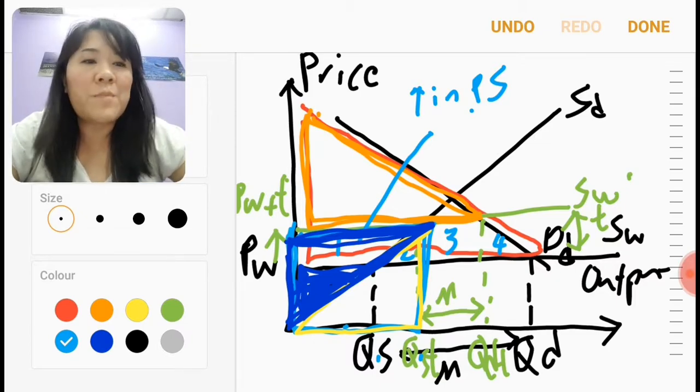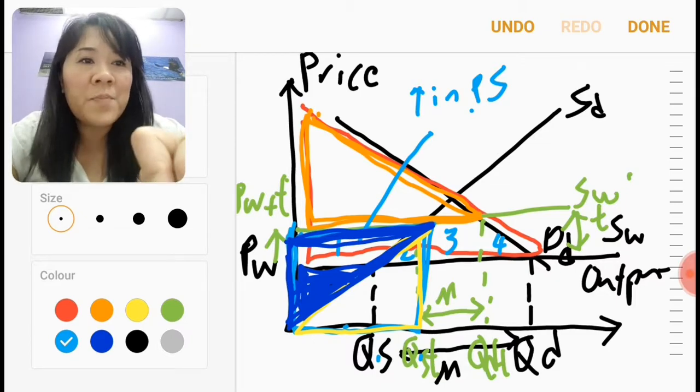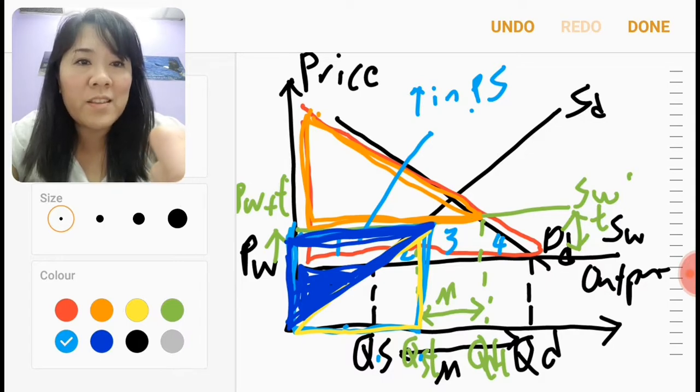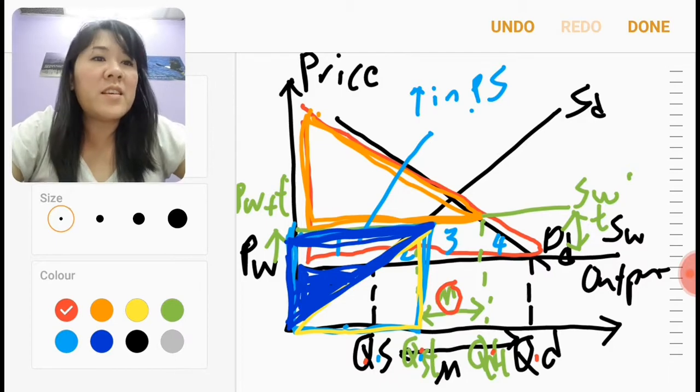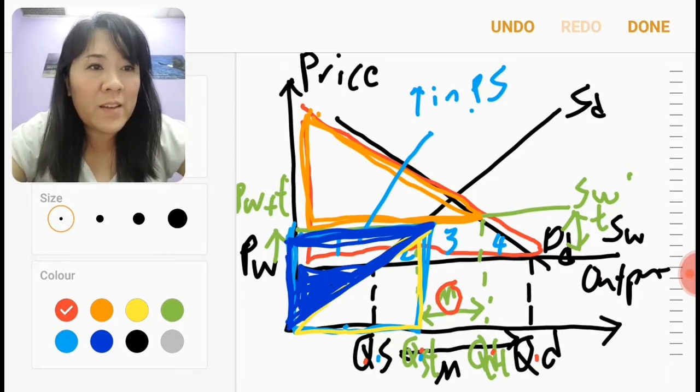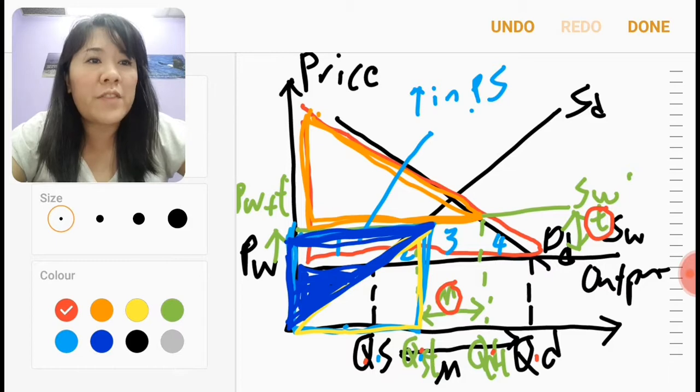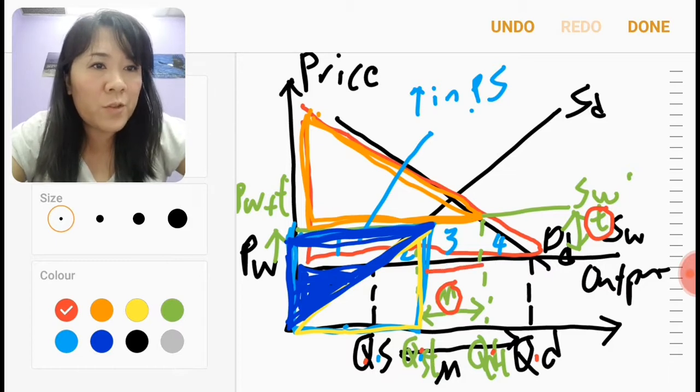Now let's look at area 3 for simplicity. The amount of imports has decreased from QS QD to QST QDT. With this as the new imports, the government would be receiving this amount of tax, which is T per unit of tax multiplied by this quantity.